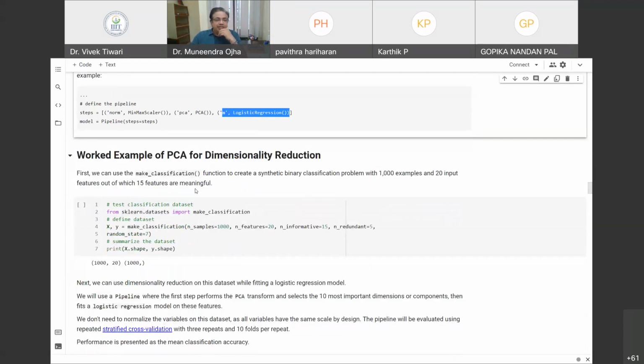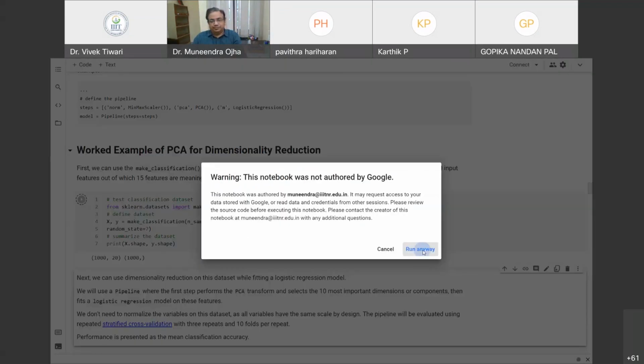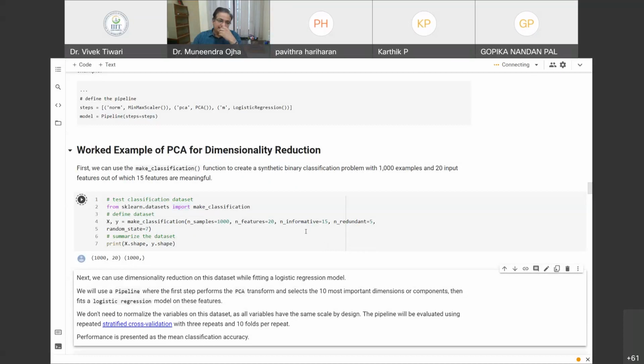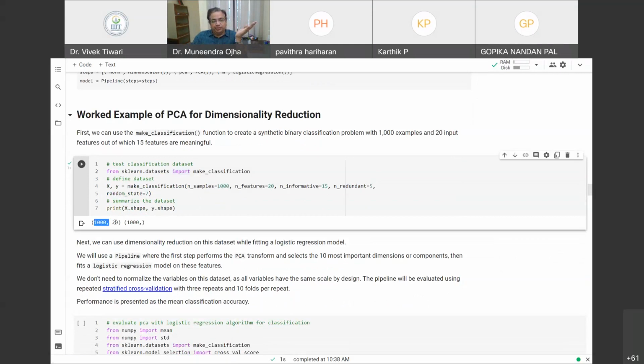Now, in a worked example, let's see what we are doing over here. Suppose we have a dataset of 1000 samples and 20 features, and we have 1000 target variables.